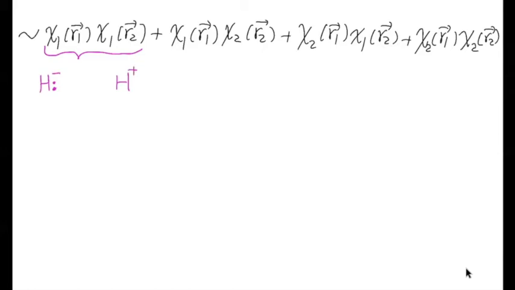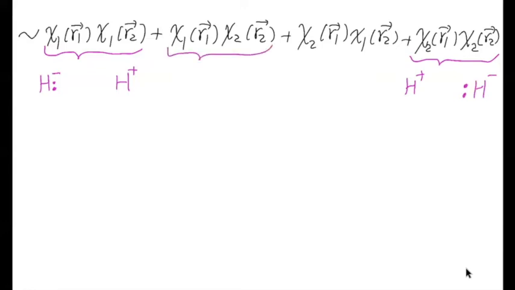Similarly, the fourth term means all the electrons, R1, R2, are on the second proton. Right? What is the second term?